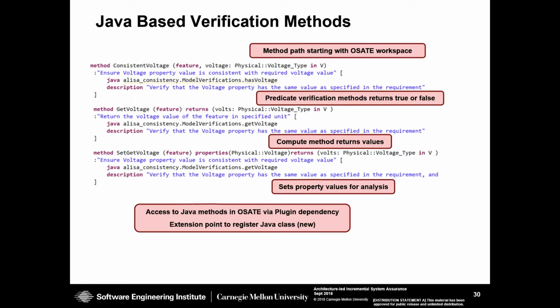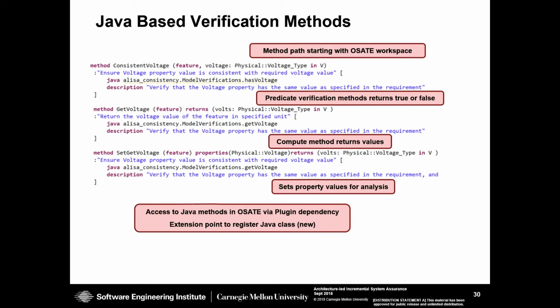When writing Java methods or Python methods, you have access to libraries of classes that are available within OSATE, the same way that you make use of those when you write a plugin, and the help will point you to five classes that are the most important ones. You do that by having a plugin dependency into OSATE.